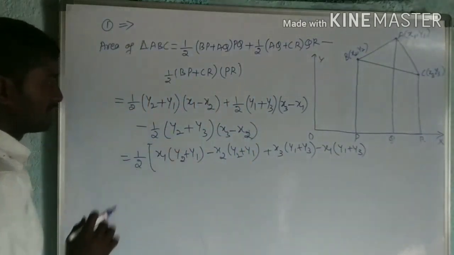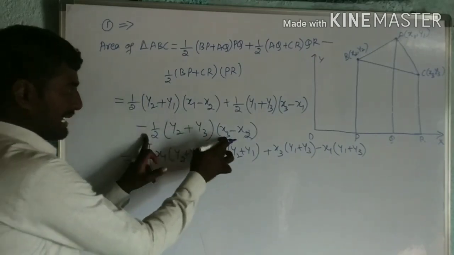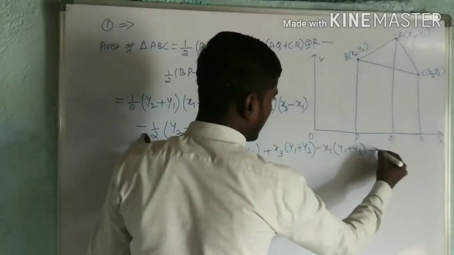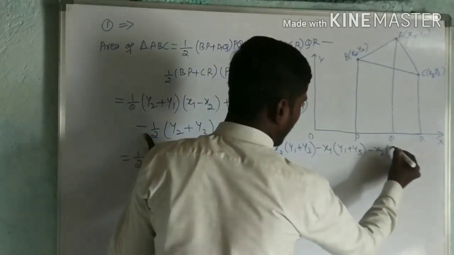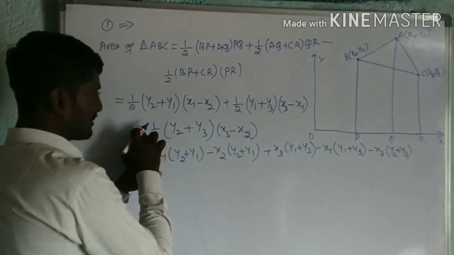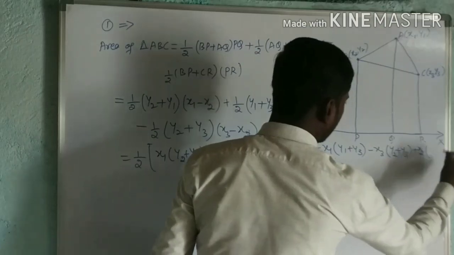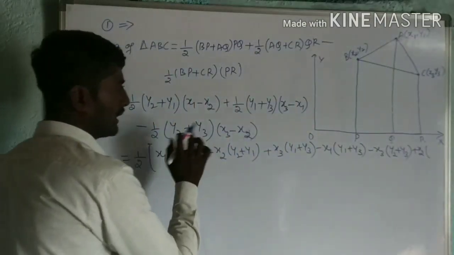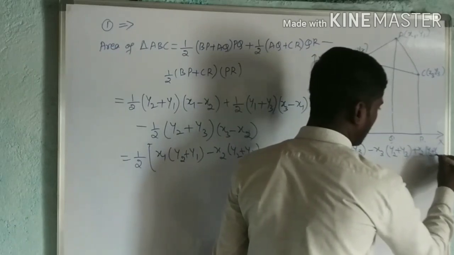Now come here. Now 1 by 2 taken outside, minus is there, be careful. Minus x3 into y2 plus y3. Now this minus into minus, it is plus x2 into y2 plus y3.